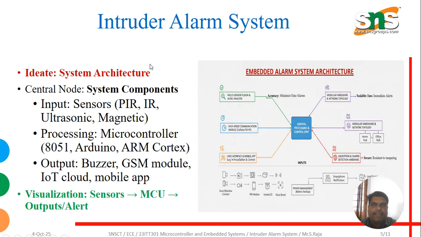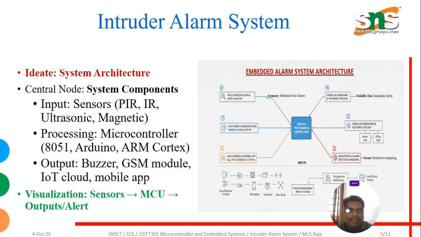Next, the very important third stage is the system architecture. It provides the exact way we need to design the intruder alarm. The left-hand side is the input from the users, the right-hand side is the output to the users, and the intermediate part is the central processing unit.